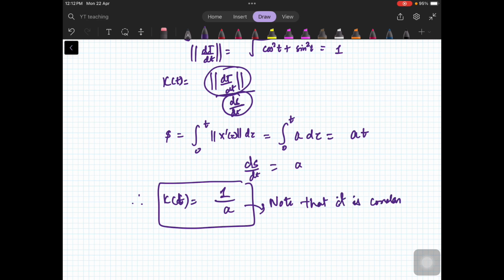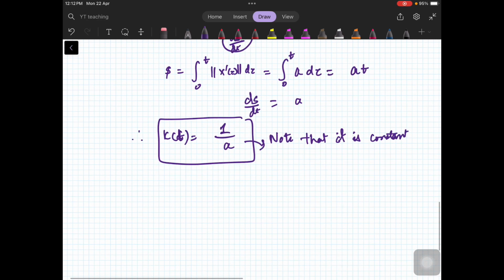So that makes sense also, because if you draw a circle, you can see that everywhere you have to move with the same speed. There is nothing like somewhere the curve is changing fast and somewhere it is changing slow. And moreover, the curvature is inversely proportional to the radius. So if you have a high radius, the curvature will be low. Try making a small circle and a large circle.